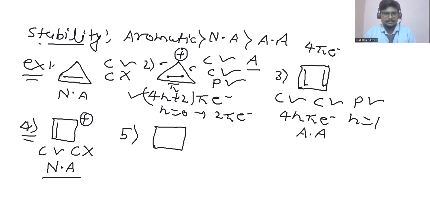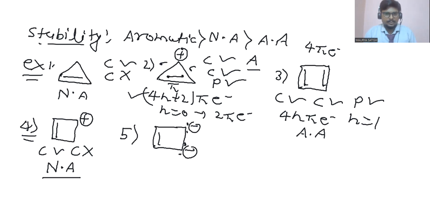Okay. What about this compound? Negative means that they have some lone pair present. So lone pair also contributes in conjugation. So what happened?